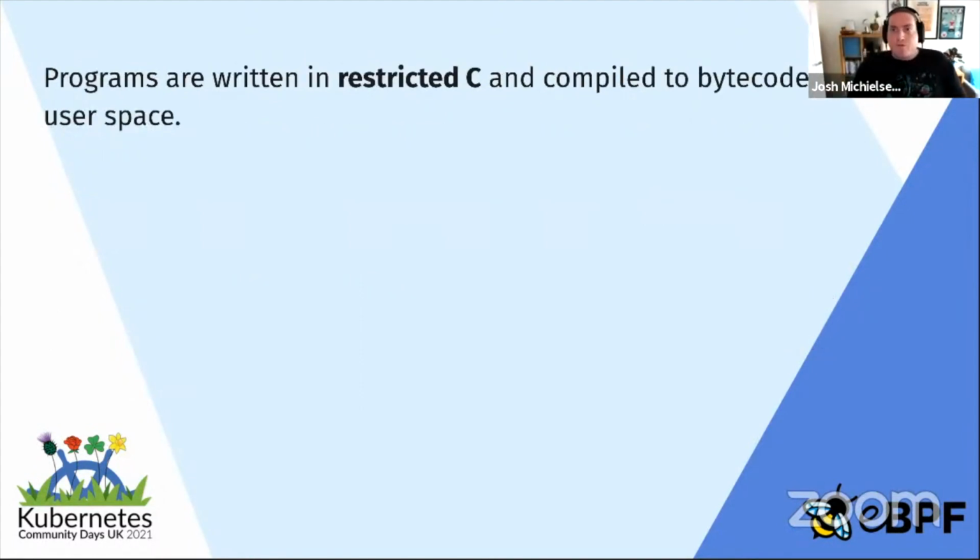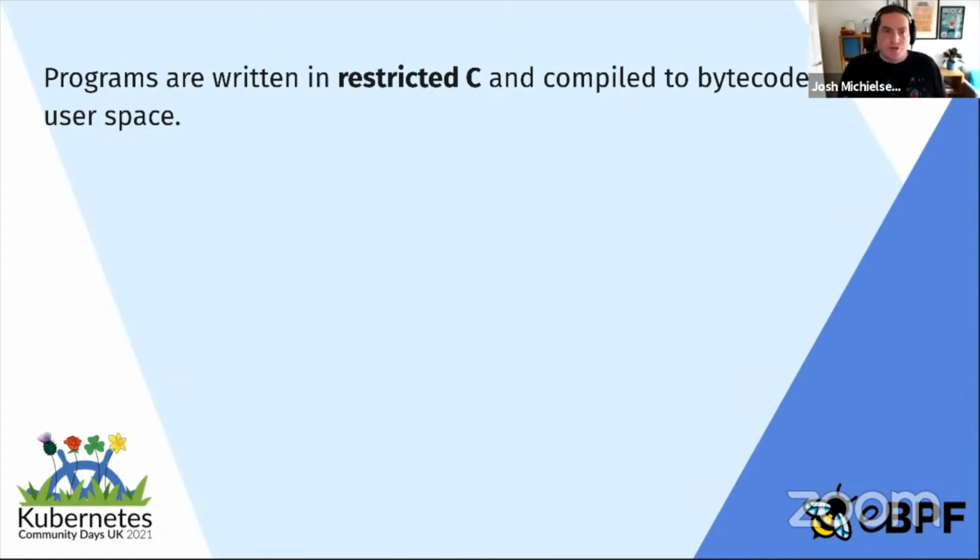Programs for BPF are written in C, but it's a restricted version of C. They're compiled to bytecode in user space. The reason that we have to write them in a restricted version of C is because C itself, at least within the context of the kernel, would lead to a potentially unsafe programming environment. So we're executing code in the kernel.